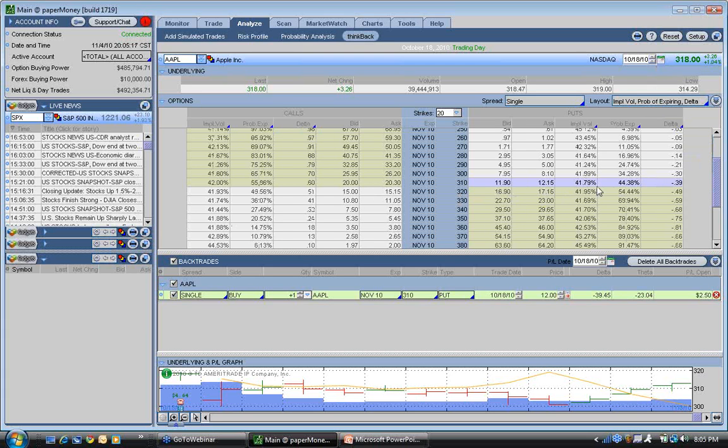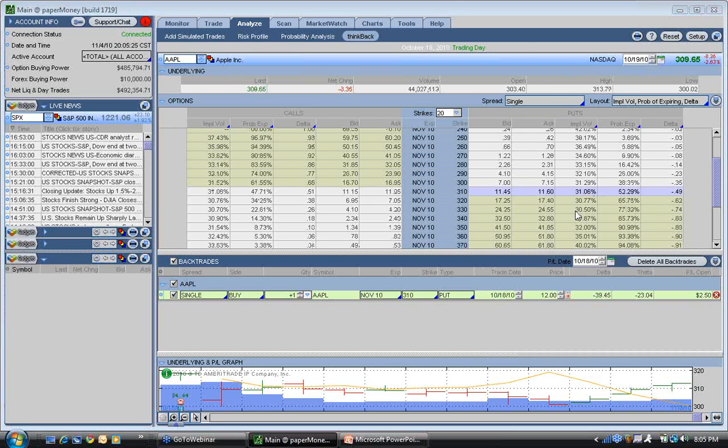Notice the 310 puts, 41.79. What's the vol the next day? 31.06. The implied vol fell a full 10 points, and so it swallowed up all of the gain from delta and more.